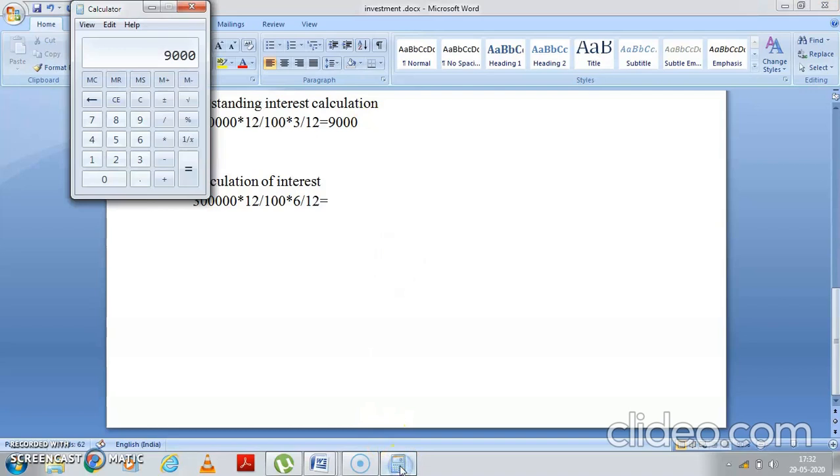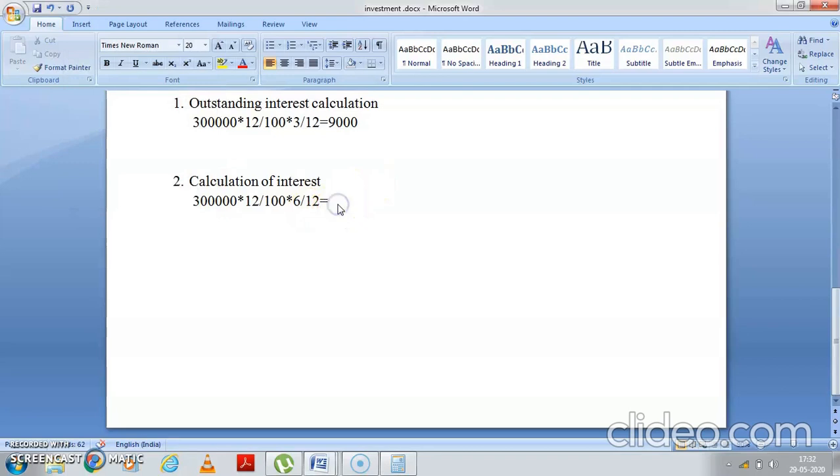Again you are going to calculate the same way, 3 lakhs into 12%, that comes to 36,000. So 36,000 divide by 12 multiply by 6. So your interest is coming to 18,000. This is a calculation of interest, and this interest आपको कब मिल गया है?